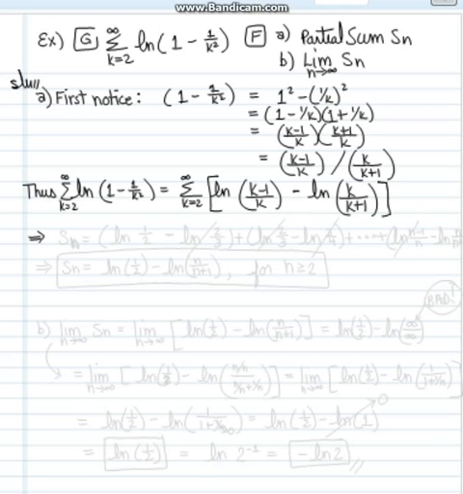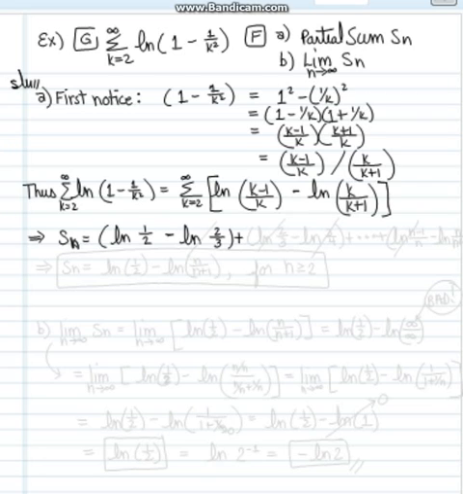And that implies that S sub k is equal to, well, let's expand this. I should call this S sub n. Start with k equals 2, and we'll have the natural log of 2 minus 1, which is 1 over 2, minus the natural log of 2 over 3.